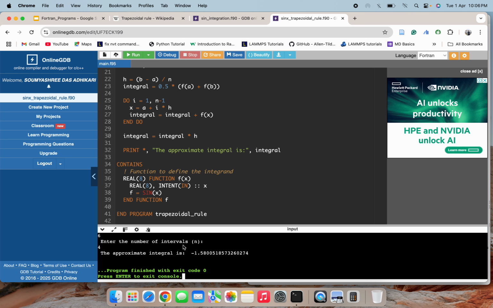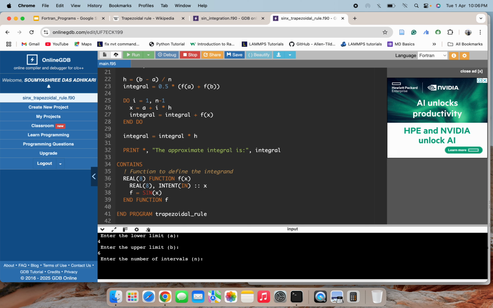Now you see the value has changed from minus 1.47 to minus 1.58, and if I further increase the n value, what will happen? I am entering 6 this time. You check that this is now minus 1.59. Again, doing the same with a little larger number, suppose I give 10.